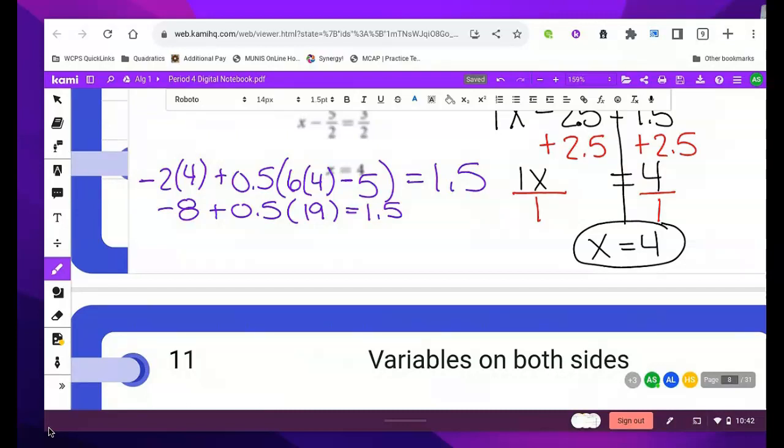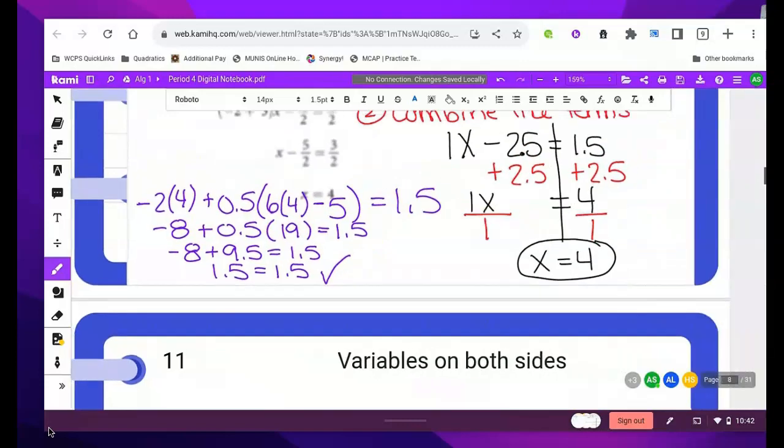So 0.5 times 19. Keep the negative 8 plus 9.5, that's what that is. That's equal to 1.5. And now I need to combine like terms. So negative 8 plus 9.5, that's 1.5. And 1.5 is equal to 1.5, so we know we did that correctly.